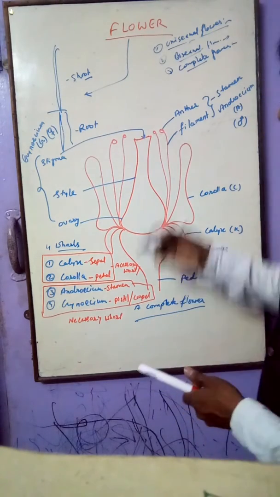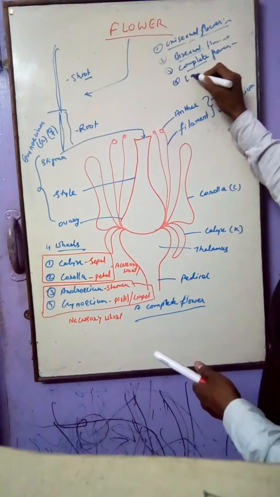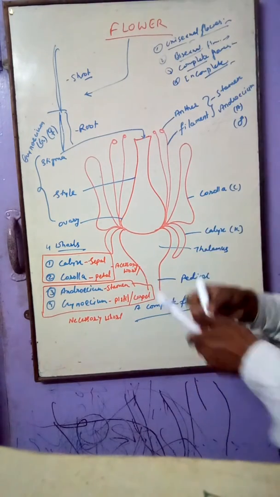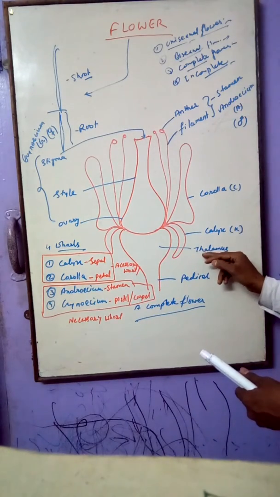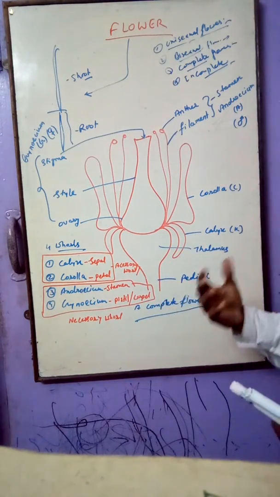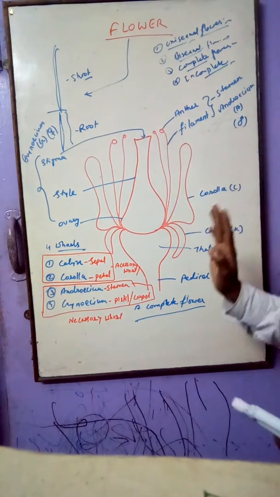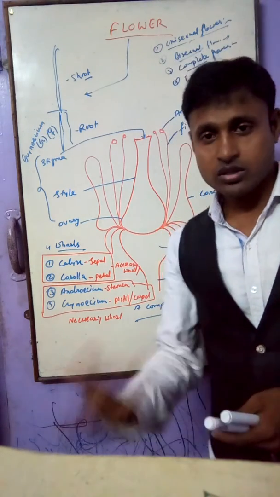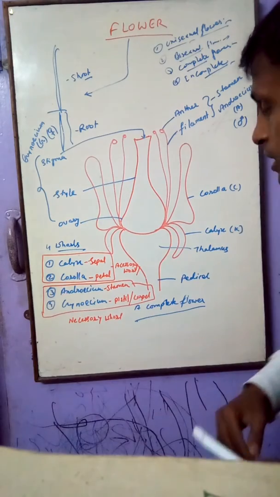Opposite of this, there is one more kind of flower, the incomplete flower. If in a flower any one of the whorls, either K, C, A or G, is absent, this kind of flower is known as an incomplete flower.